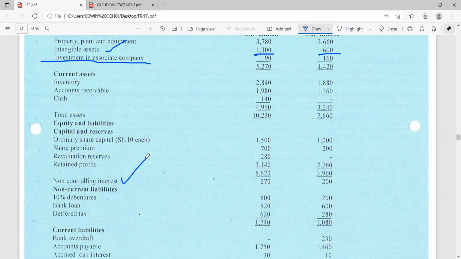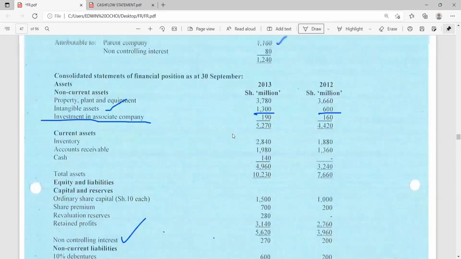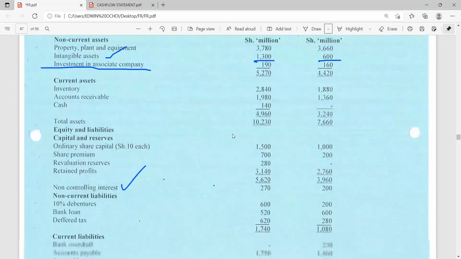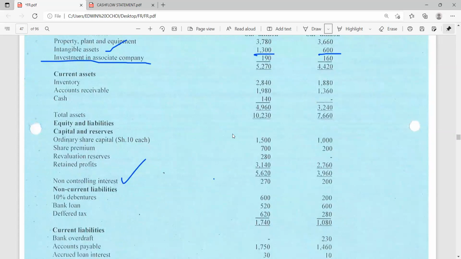So if you take your 200, you add that profit attributable to the NCI of 80. Are you seeing the 80? Yes, so you are seeing the 80, that is fine. So at the end, the NCI is, now you come back to your statement of financial position. You are seeing the 270 now.